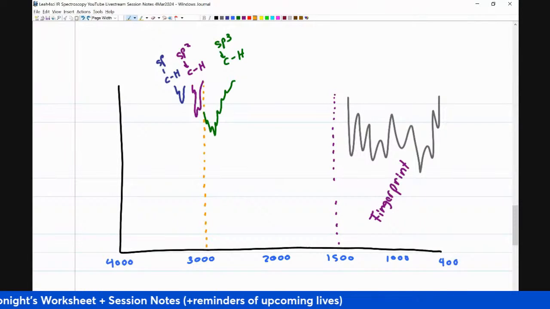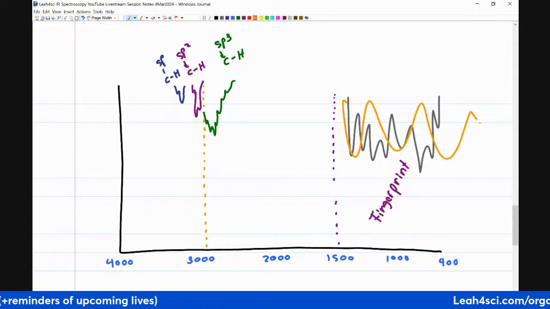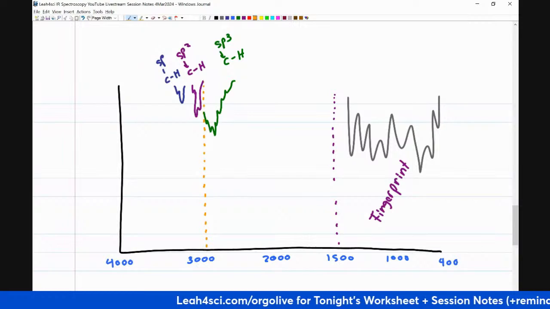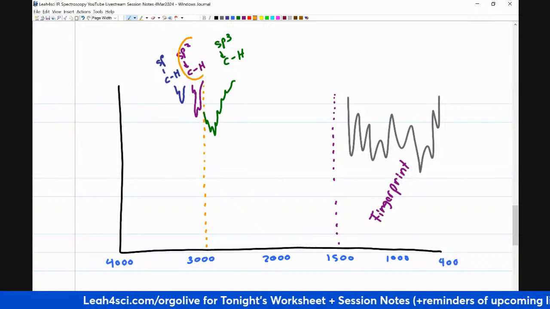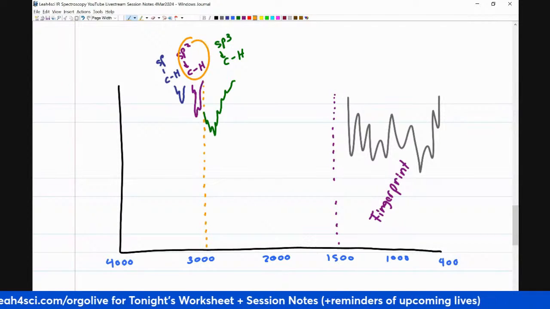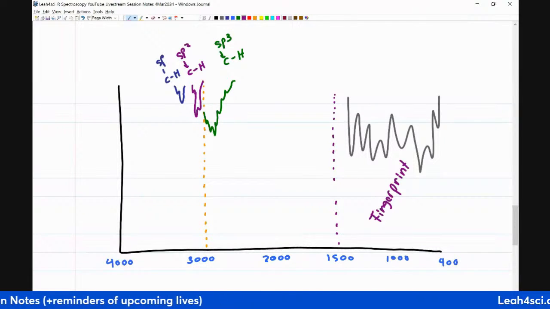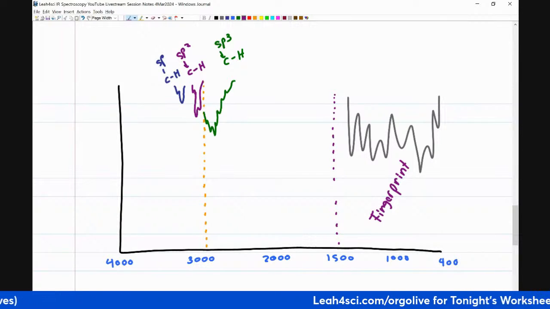If I have an sp3 carbon, well, the fingerprint region is where I'm going to see more information, and we are not going to talk about that. We're just completely ignoring it. But if we have an sp2 carbon, the carbon to hydrogen bond shows up around the 3000 line. The carbon to carbon bond will show up somewhere to the right. And that we do want to pay attention to.